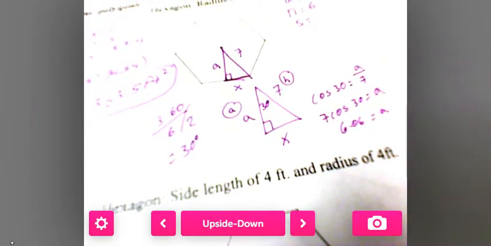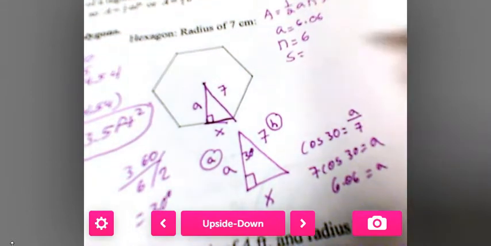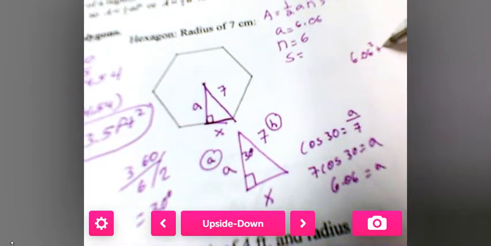Okay, the nice thing about this is we do not have to do trig again if you don't want to. We could do Pythagorean theorem. So we could go 6.06 squared plus x squared equals 7 squared.